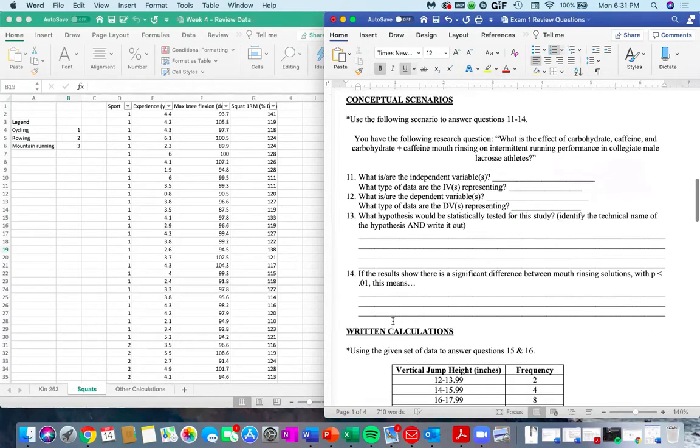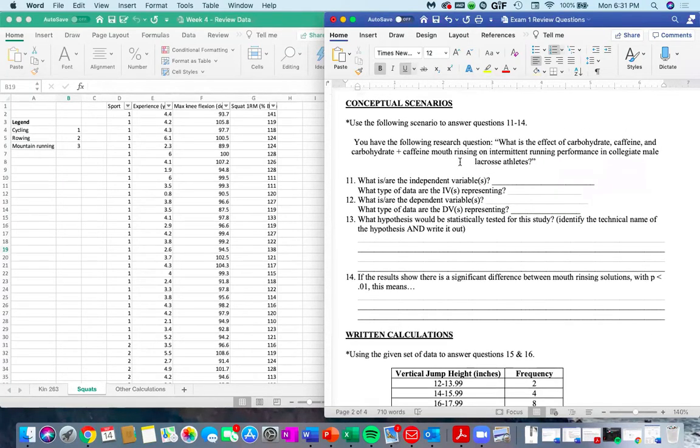So then we go into our conceptual scenario, right? So I've given you a research question. Let's say you're the researcher, okay? And I say, what is the effect of carbohydrate, caffeine, and carbohydrate plus caffeine mouth rinsing on intermittent running performance in collegiate male lacrosse athletes?